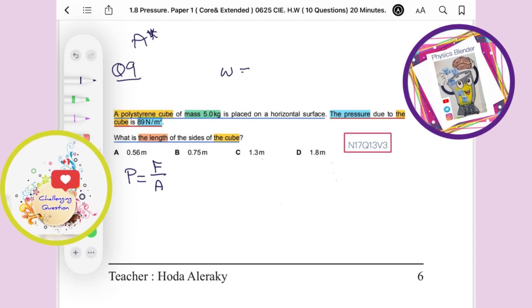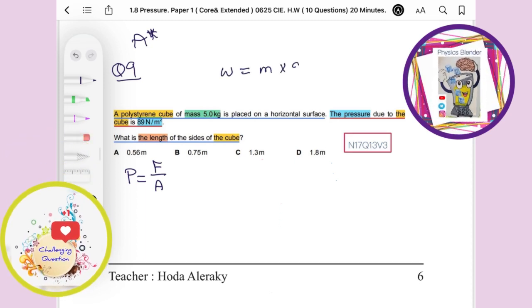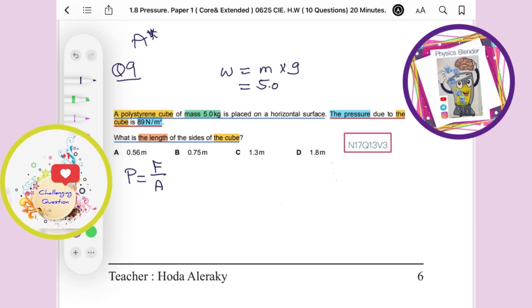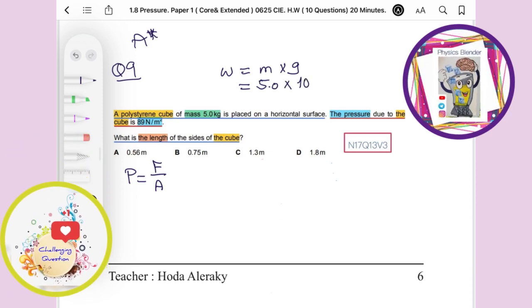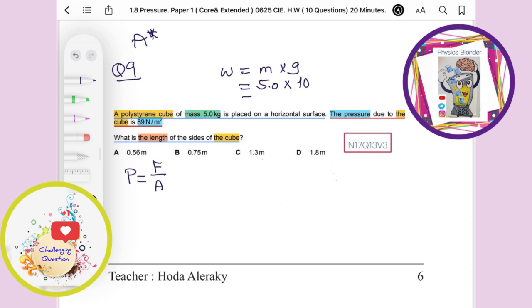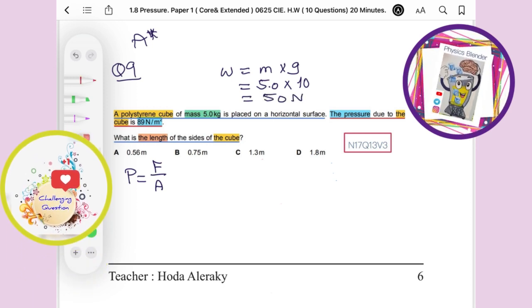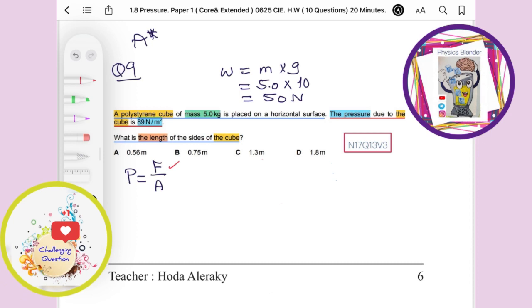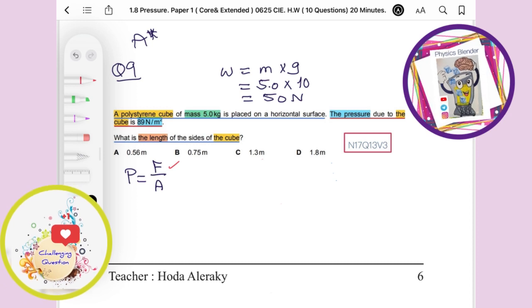Weight is equal to mass times g. Mass is given in kilogram, which is okay. g, the free fall acceleration or the gravitational field strength, is equal to 10. So your answer is 50 Newton. So now you have the value of force and you have the value of pressure.